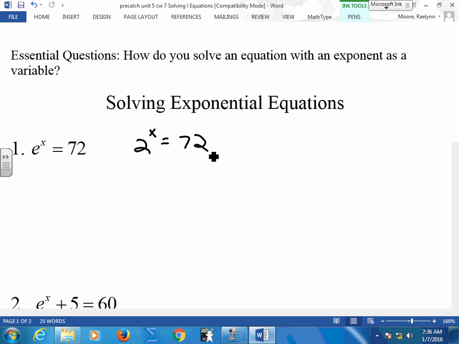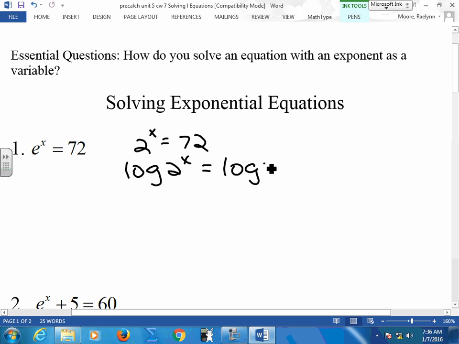So how do I get that exponent down? Yeah, what's the rule? The only way to get that exponent down is with your power rule for your logs, right? So you can put a log on both sides. What you do to one side, because you have an equal sign, you have to do to the other side.